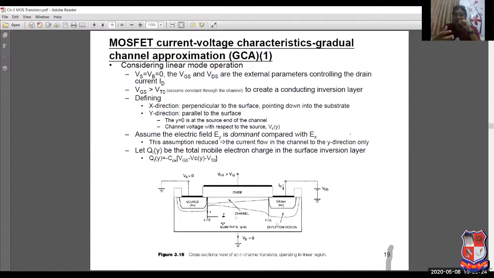It's a 2D model. We are not considering the movement of electrons in the width direction, nor in the vertical direction. We are assuming that the electric field in the linear direction, towards the drain, is maximum, and the electrons will be moving from source to drain. With that assumption, we will start considering this particular model.